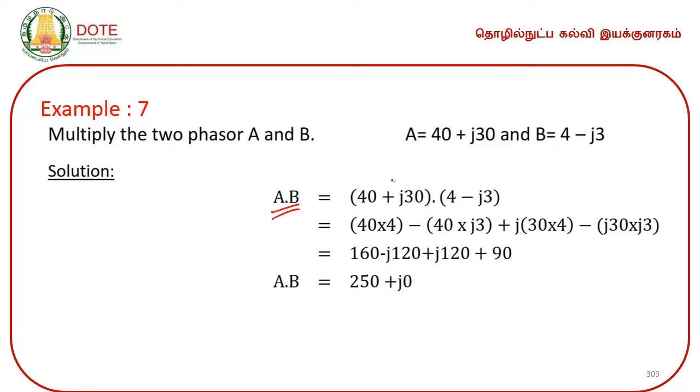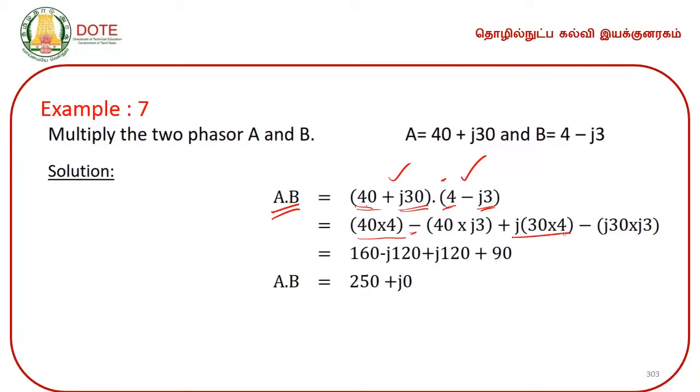So, here I am going to multiply A with B. 40 plus j 30 is a rectangular quantity which has to be multiplied with 4 minus j 3. In the first operation, this 40 should be multiplied with the real part, 40 into 4, and then again 40 to be multiplied with the minus j 3. So, taking this minus out, 40 into j 3, and then the j 30 with 4 should be multiplied.